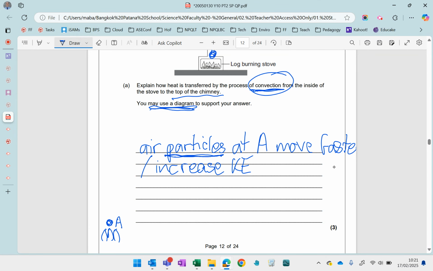So that means that when they collide with each other, the intermolecular spacing between the air particles, the space between the air particles, will increase. Again, we've got to refer to the air particles here.